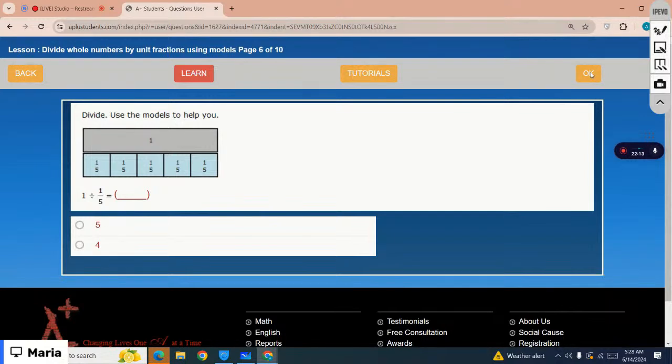Use the models to help you. 1 divided by 1 by 5 equals. The correct option is 5. Option number 1 is the correct option.